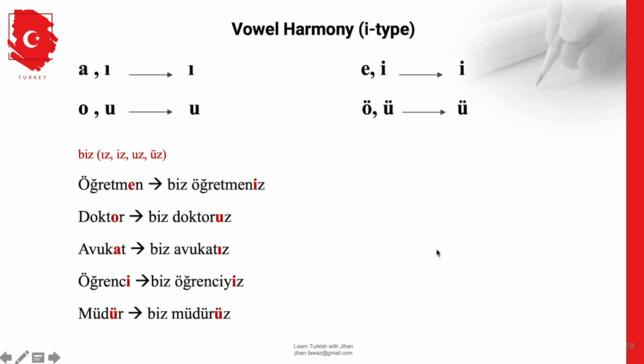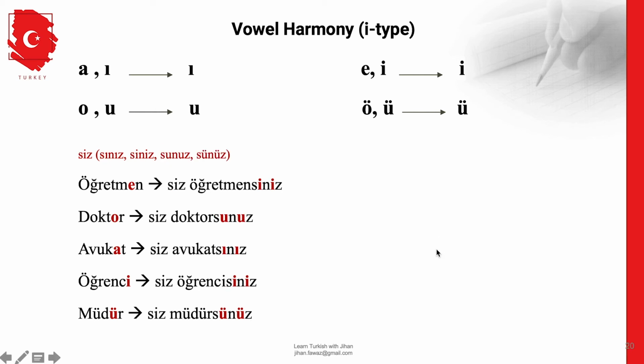This is the biz, pronoun we. Siz, you, and it's the plural you. Same rule. The suffixes of siz are siniz, sınız, sunuz, sünüz. Öğretmen. If I want to say you are teachers, we say siz öğretmen. Here, look here, the word stops here. Which suffix do I have to add?